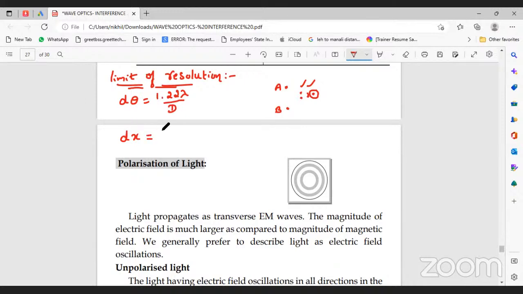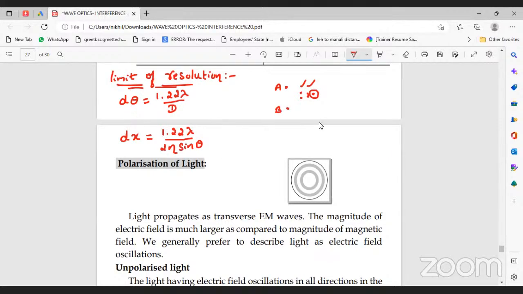If it is linear separation, it is given by 1.22 lambda divided by 2n sin theta, where n is the refractive index, lambda is the wavelength, theta is the semi-vertical angle.